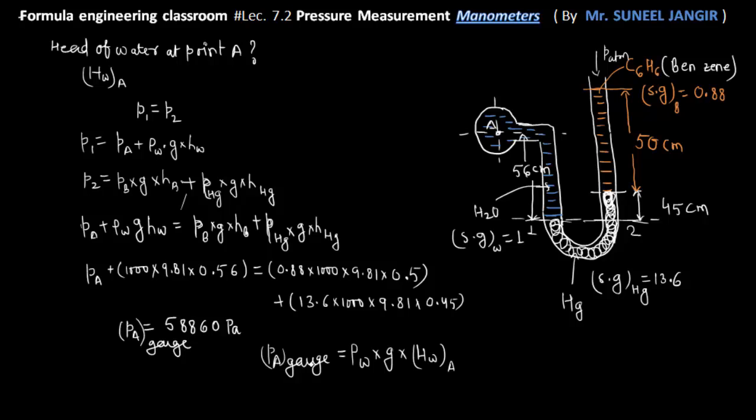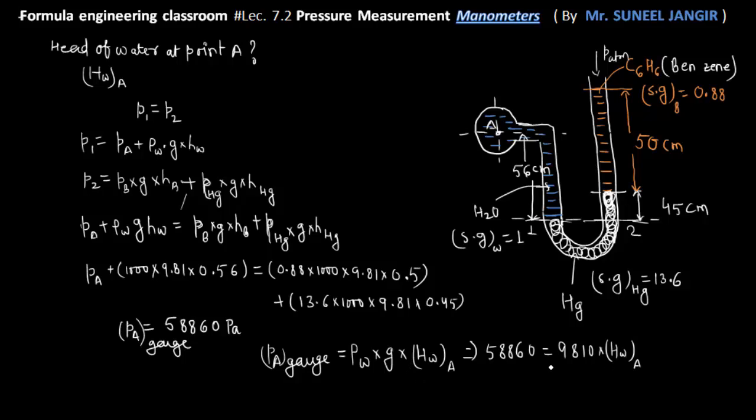We know this value. Let me solve it here: 58860 equals rho of water 1000 into 9.81, so I'm writing 9810 into H of water at the point A. This is the head of water.